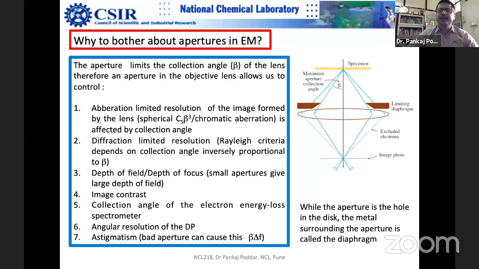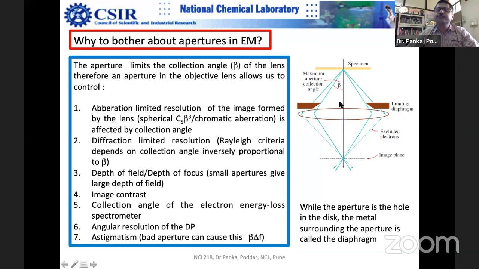We discussed three kinds of beam damage. One was radiolysis, second was knock-on damage where the atom itself can be knocked out, and third was heating. So the last two get very serious here. Heating can be reduced because it is metallic, but still there will be some heating.